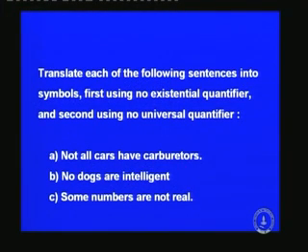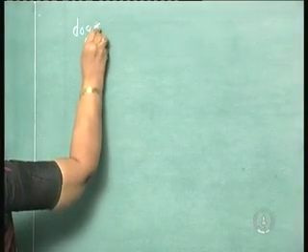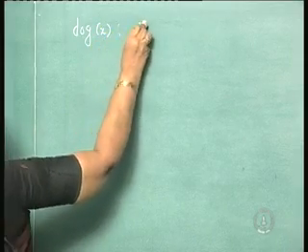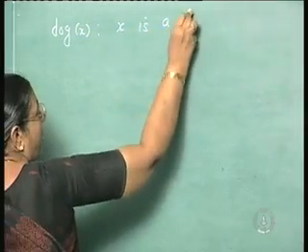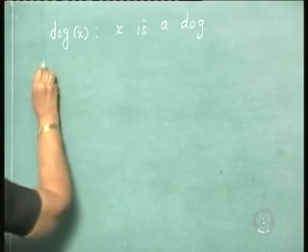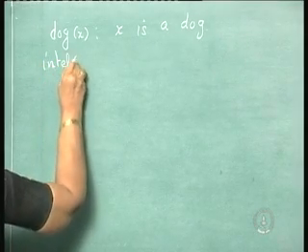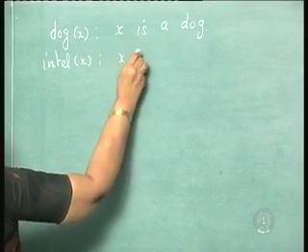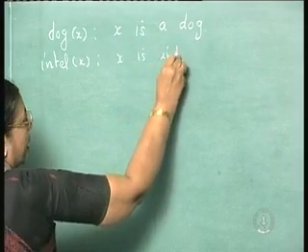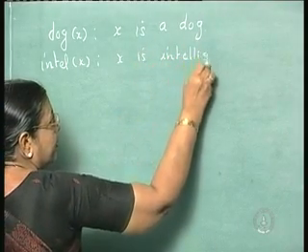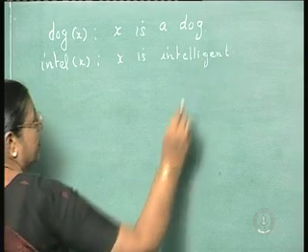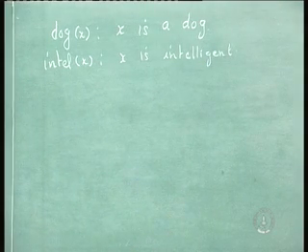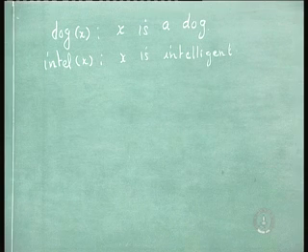No dogs are intelligent. Let dog of x denote x is a dog and intel x denote x is intelligent. The statement is no dogs are intelligent.